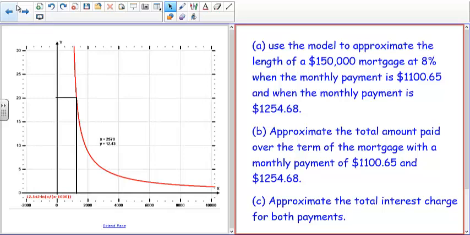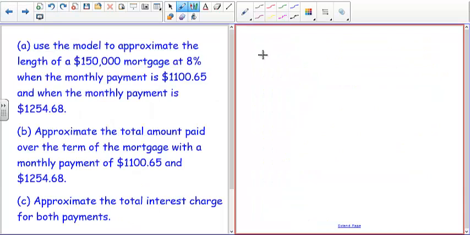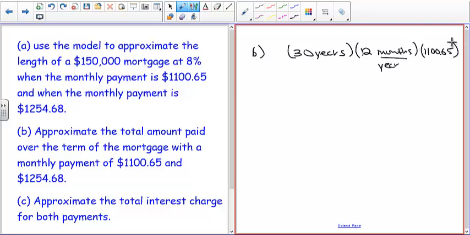Okay, approximate the total amount paid over the term of the mortgage with a monthly payment of $1,100.65 and $1,254.68. So all we have to do, this is part B, is take the length of the loan, 30 years, times the number of payments per year, 12 months per year, and then the payment.